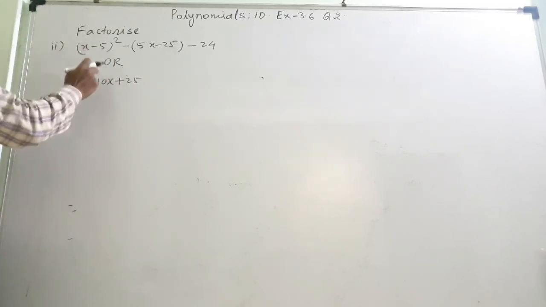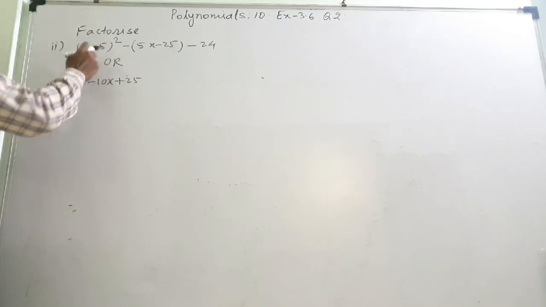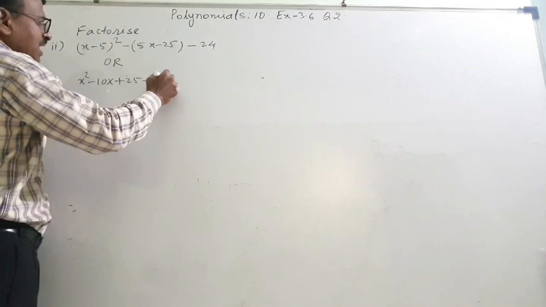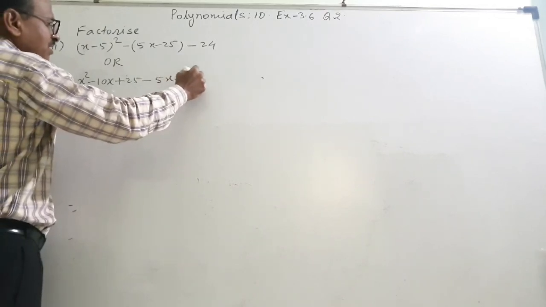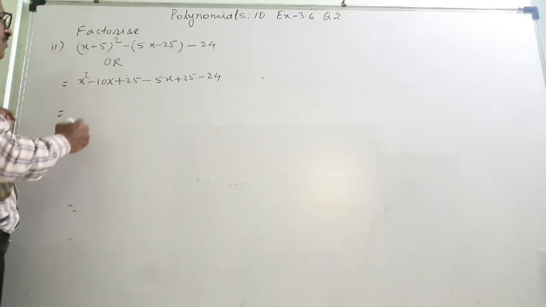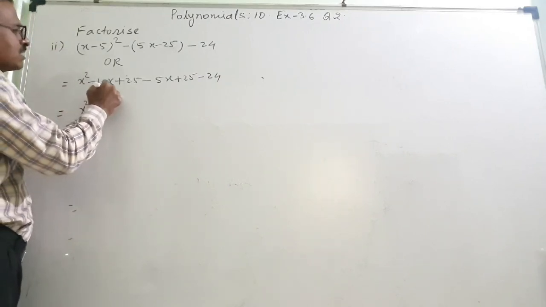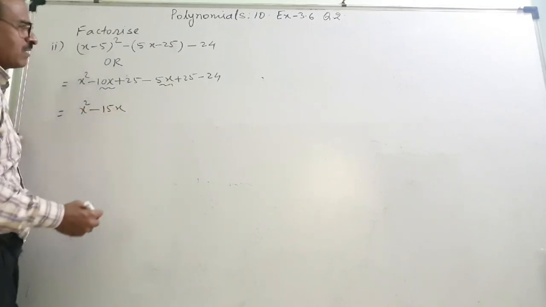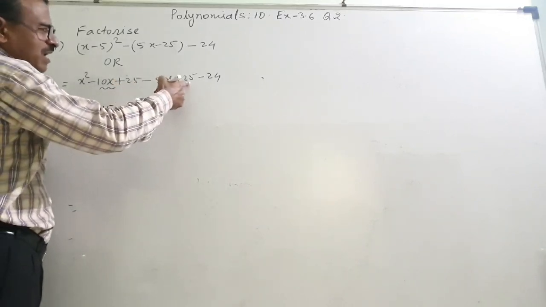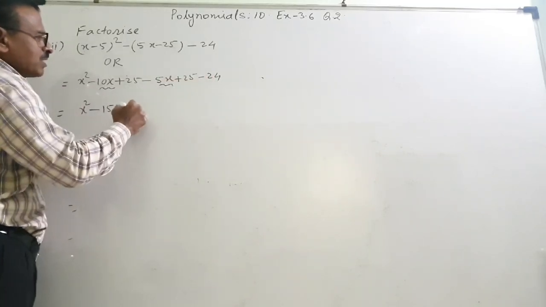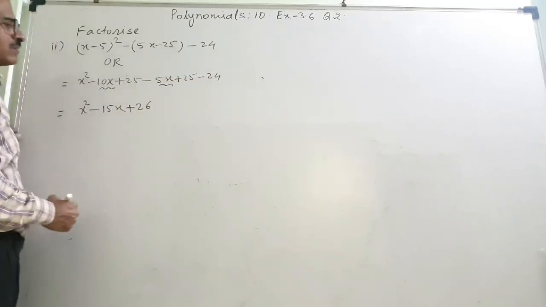So x square minus 10x plus 25 minus 5x plus 25 minus 24. This is equal to x square minus 15x, 25 plus 25 is 50, 50 minus 24, so this will be plus 26.